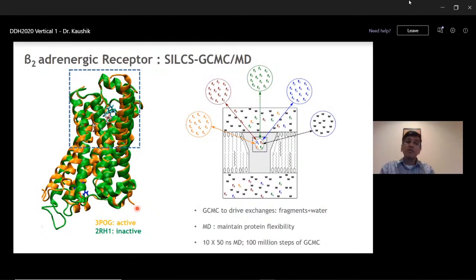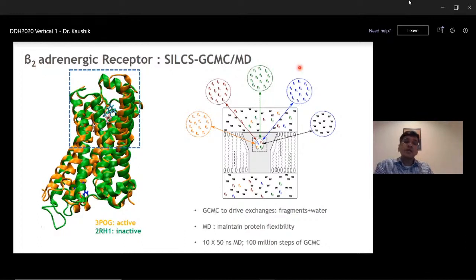Here's an example of where that SILCS simulation was useful in identifying new chemical matter. So we applied these different moving parts towards understanding the binding pocket requirements of this GPCR, the beta-2 adrenergic GPCR, and then used that to see if we can come up with new agonists that would likely bind here.